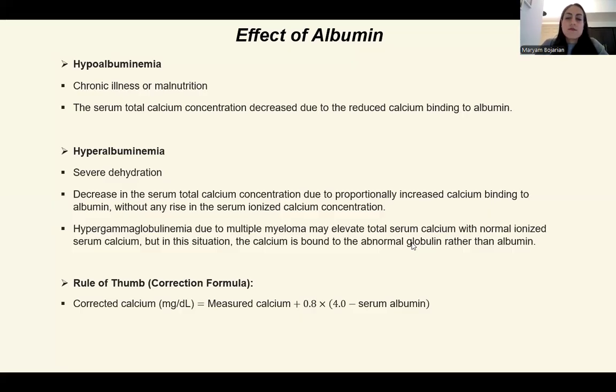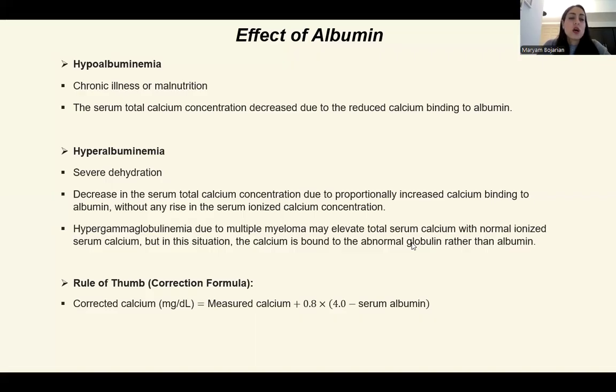And if we have too much albumin, for example in severe dehydration or diseases like multiple myeloma, the serum total calcium concentration rises without any rise in the serum ionized calcium concentration.